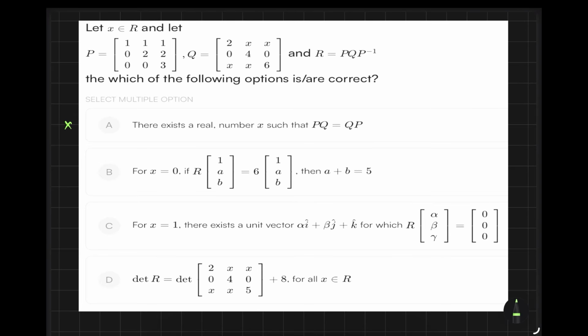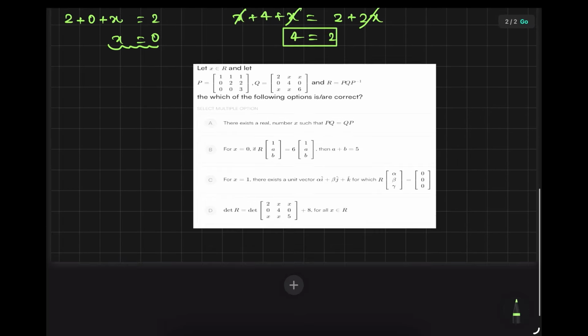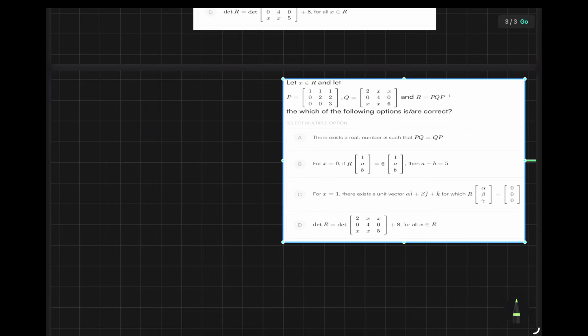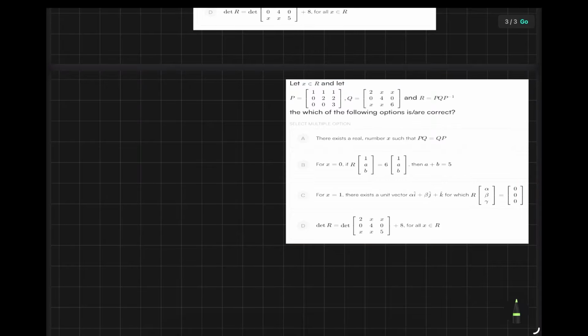Now they are saying that if x equals 0, then R times this is equal to 6 times this, then a plus b is 5. So they are saying that x is 0 and then R is being multiplied with a certain matrix. I will check. So go with the second idea. First find out R. Who is R?